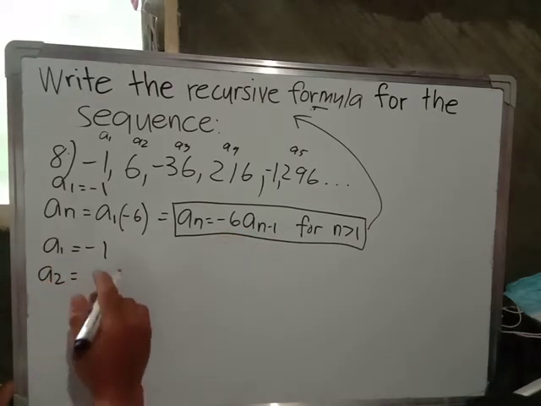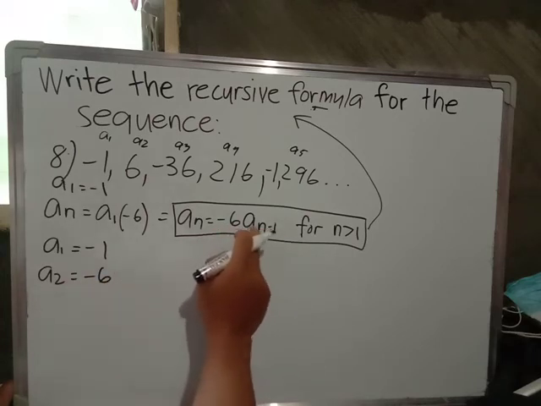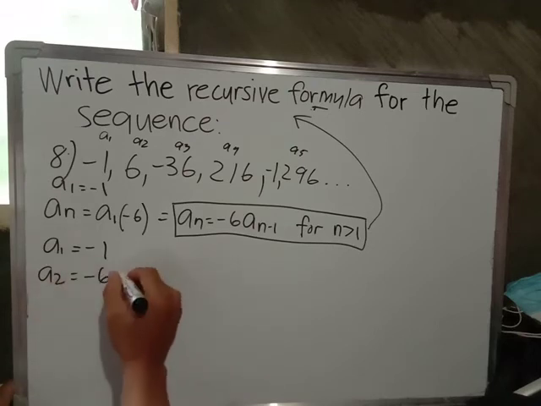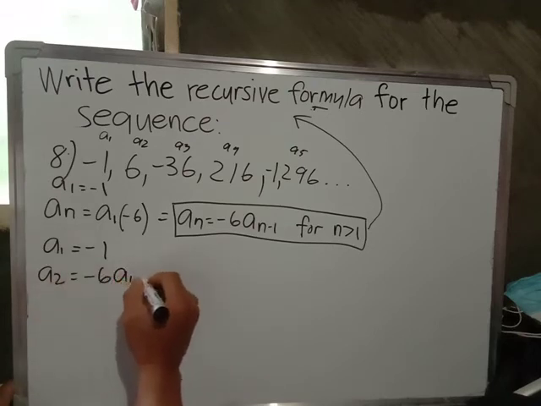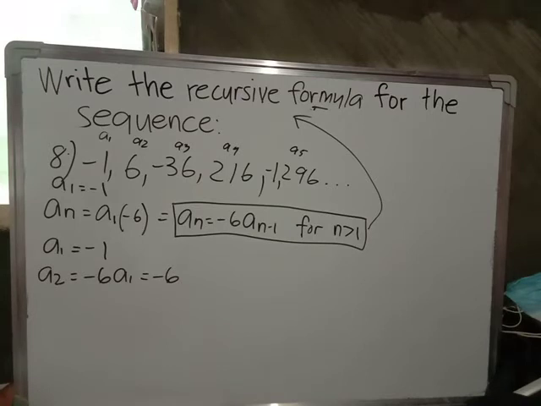E2 is equal to negative 6 times E_(n-1). N minus 1, 2 minus 1 is E1. E1 natin is negative 1.